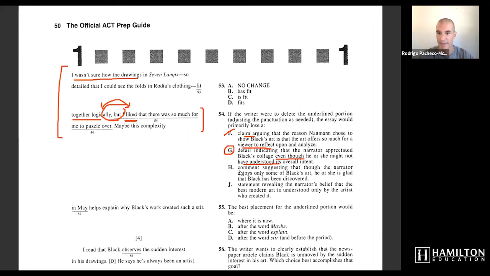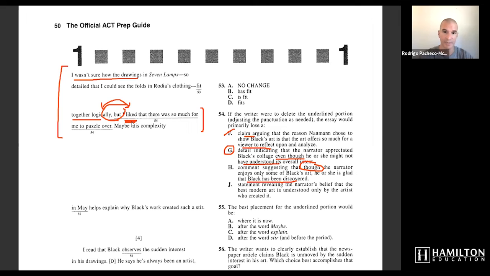H says that this is a comment suggesting that though the narrator enjoys only some of Black's art, he or she is glad that Black has been discovered. This also gives us a contrast, but it's not the same ideas, right? For instance, this tells us that the author expresses that he or she is glad that Black has been discovered, but that's not what we see here.